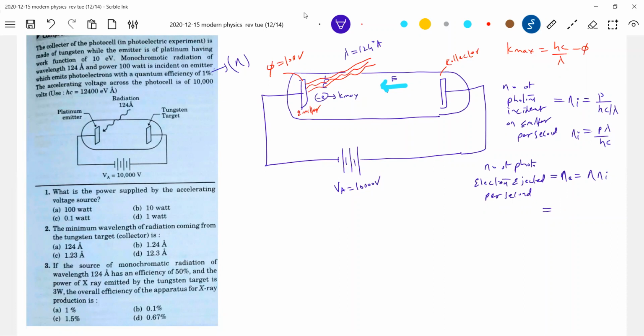These electrons pass through, and by the time they come here, they will strike the collector with a kinetic energy. Can we calculate this K?